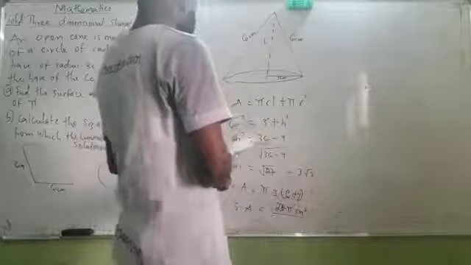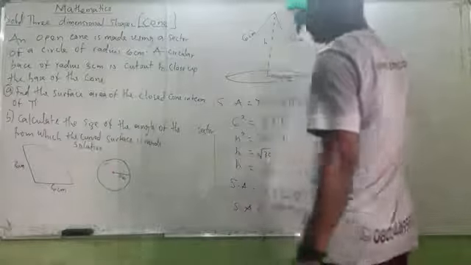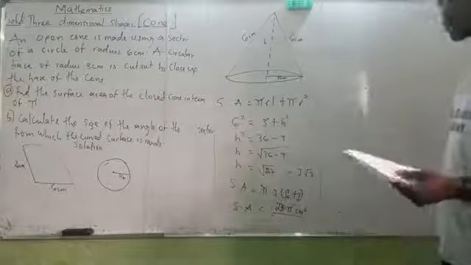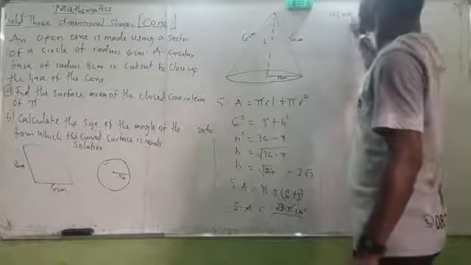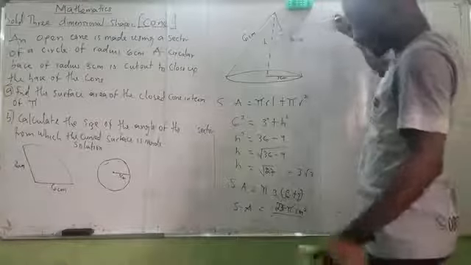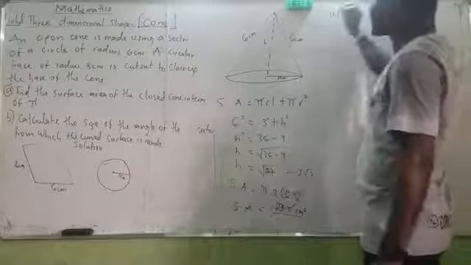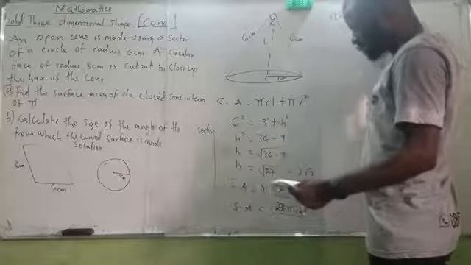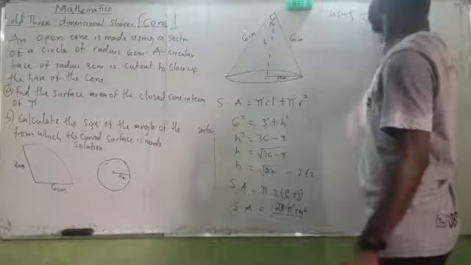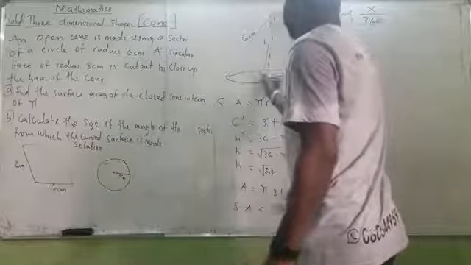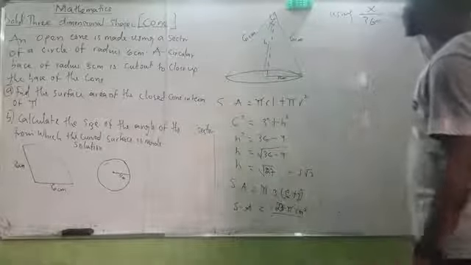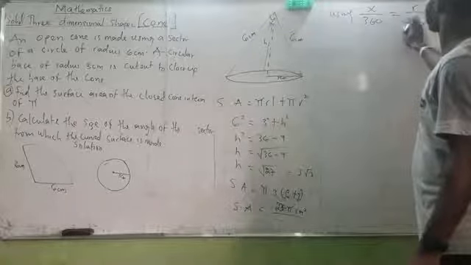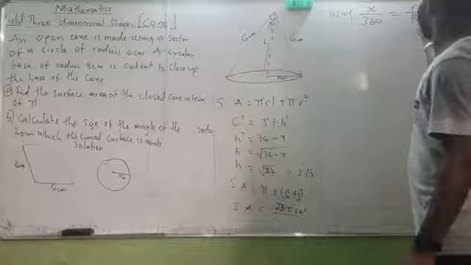Now, the second thing you are asked is the angle. Wherever you have something like this, you have to go on to geometry. I will call this angle X, and X over the full angle 360 equals small r over big R, which is small r and big R, or length.